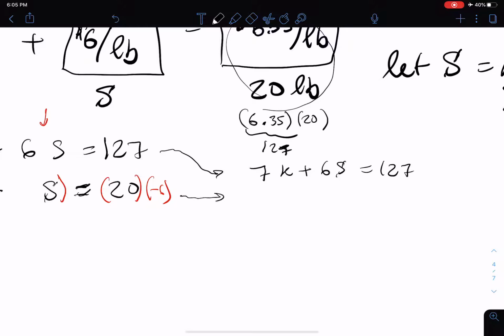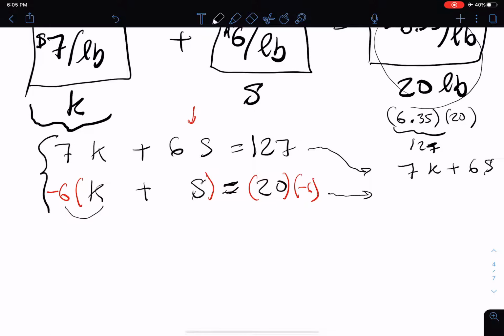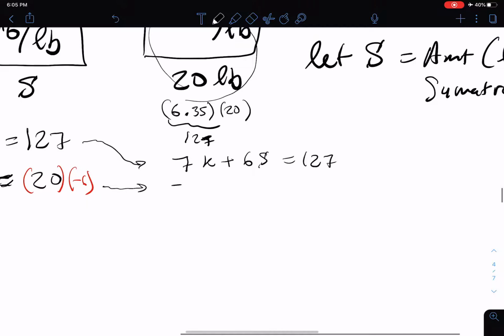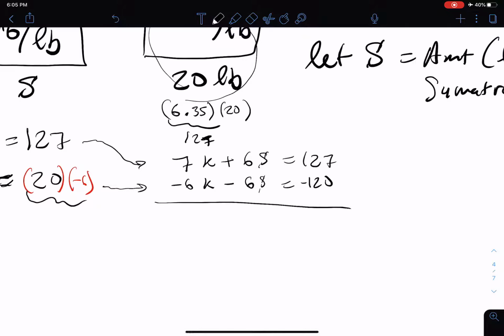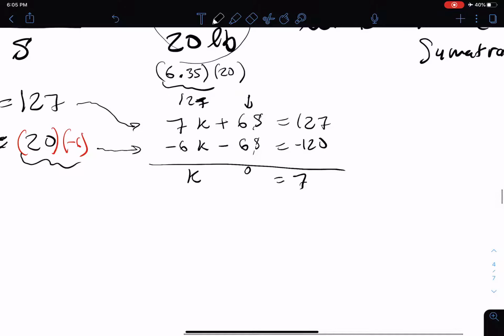And when I make this multiplication, I've got to distribute -6, so that makes -6K minus 6S, and 20 times -6 gives us -120. Now when we add them up, some beautiful things happen. The S cancels out because 6S minus 6S, and then 7K minus 6K gives me just 1K. On the right-hand side of the equal sign, we get 7. So we just figured out that K equals 7.